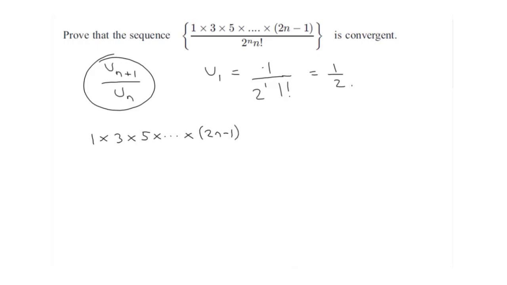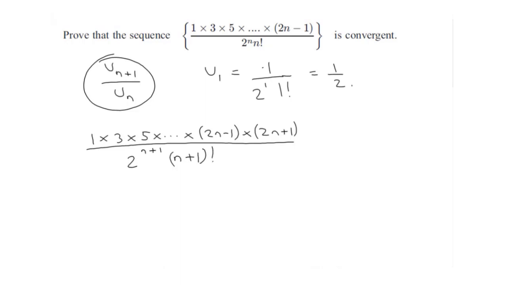At the moment, this only goes up to n, and then we're going to need the next term as well, which is always 2 more, so it's going to be 2n minus 1 plus 2, which is 2n plus 1. On the bottom, we're going to have 2 to the n plus 1 times n plus 1 factorial.